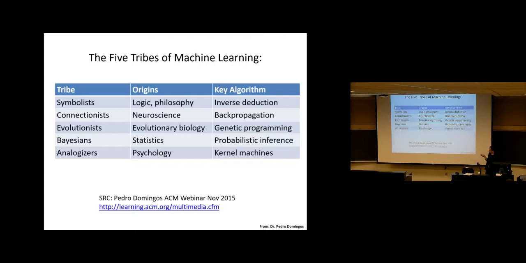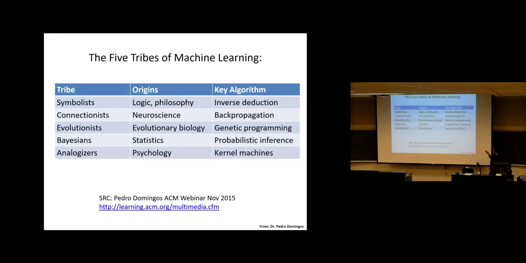The Bayesian crowd's ideas are rooted in statistics, and the main method is probabilistic reasoning. The last crowd is not as tight as the first four, but the majority of that crowd use ideas from psychology: something with a similar relationship can be adapted for future generalization.